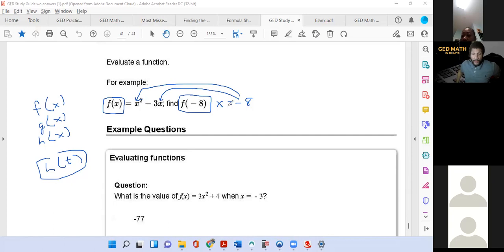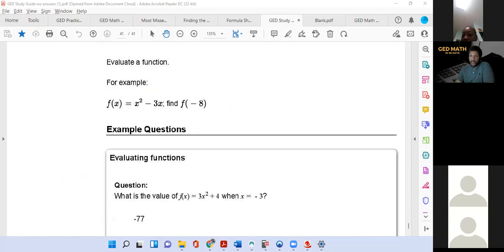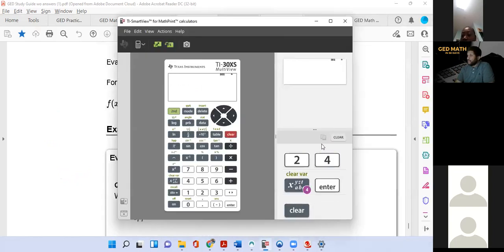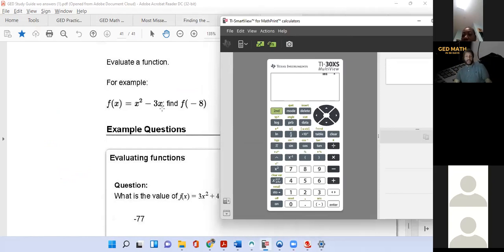Once for a function and probably once or twice for an algebraic expression. But if you learn how to store that variable into your calculator, this problem becomes fairly easy.